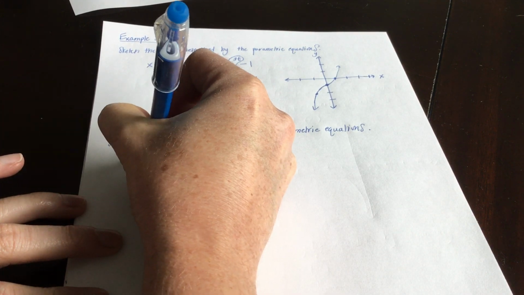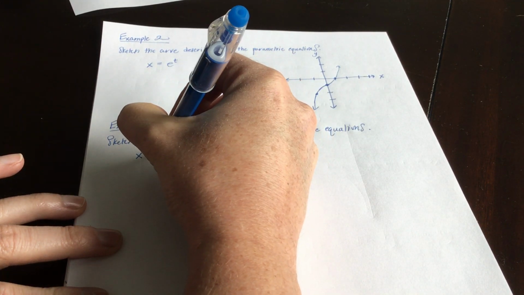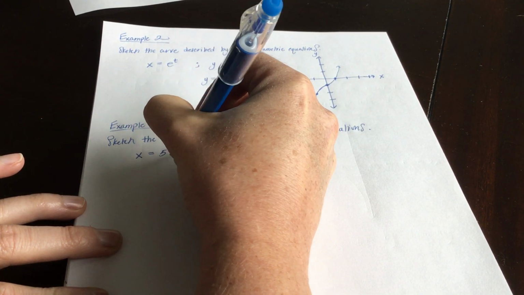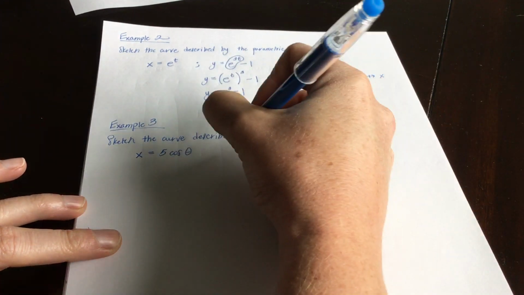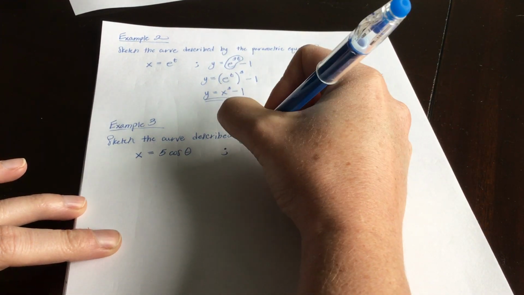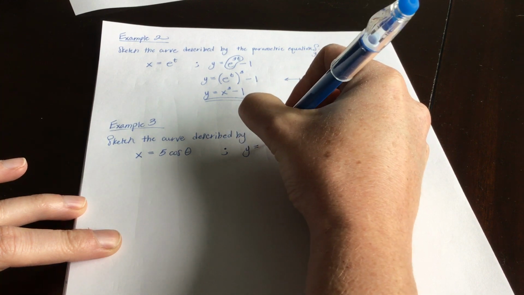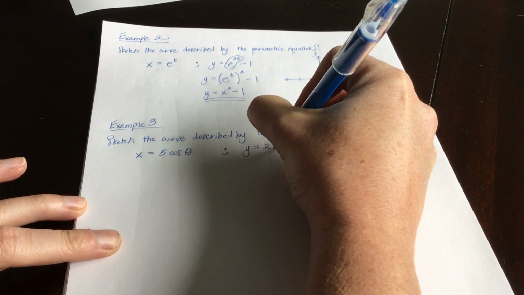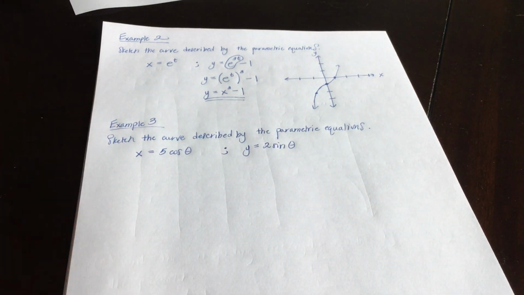Okay, so your x coordinate is found by taking 5 and multiplying it by the cosine of theta. In this case, theta is your parameter, and your y value is equal to 2 times the sine of theta.